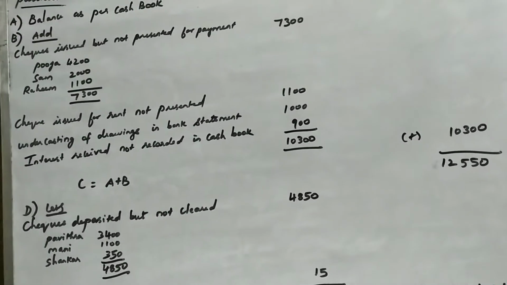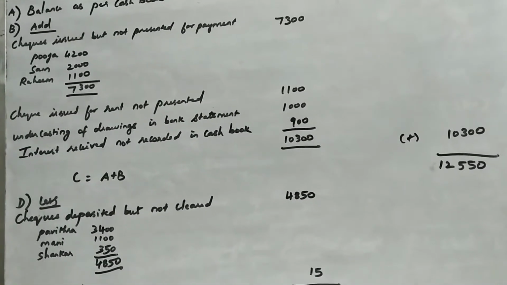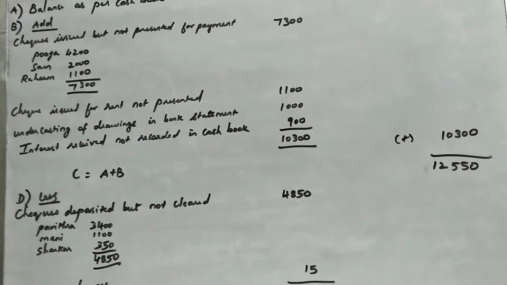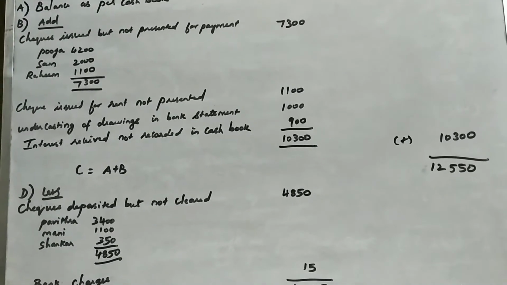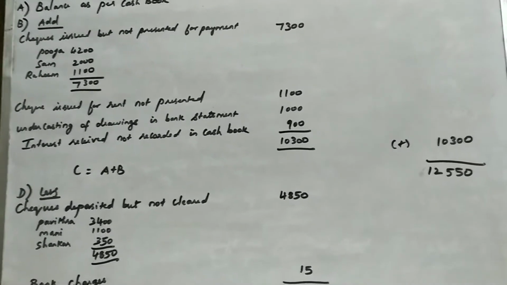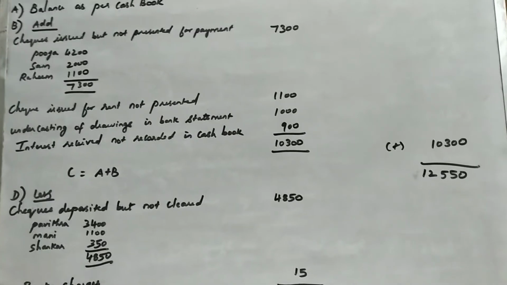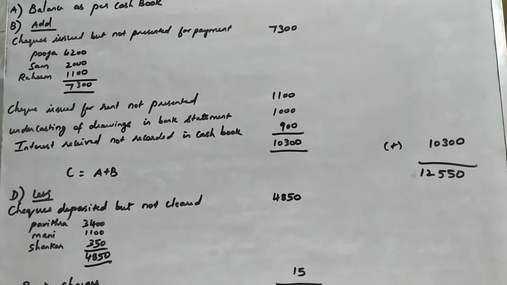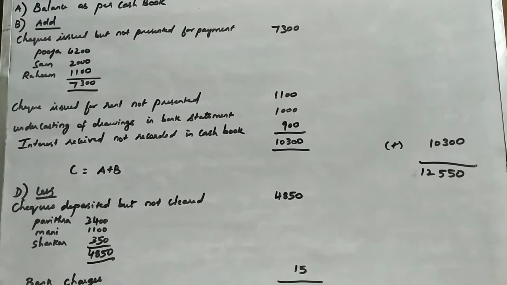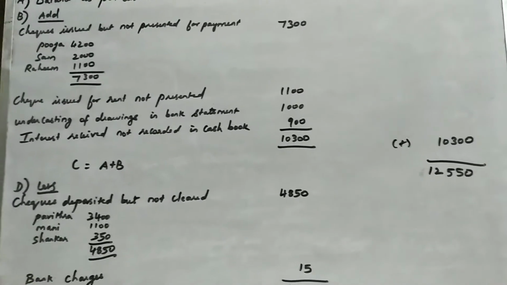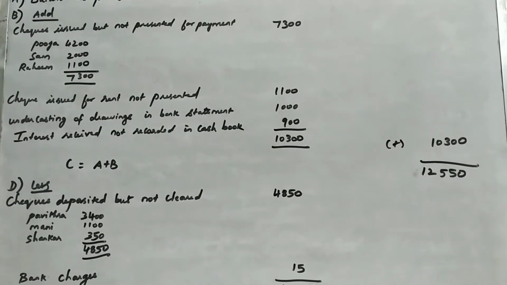So you would have seen checks issued but not presented for payment. On the credit side of your cash book, you would have seen Pooja 4200, Sam 2000, then Rahim 1100. These are checks which are issued but not presented for payment.